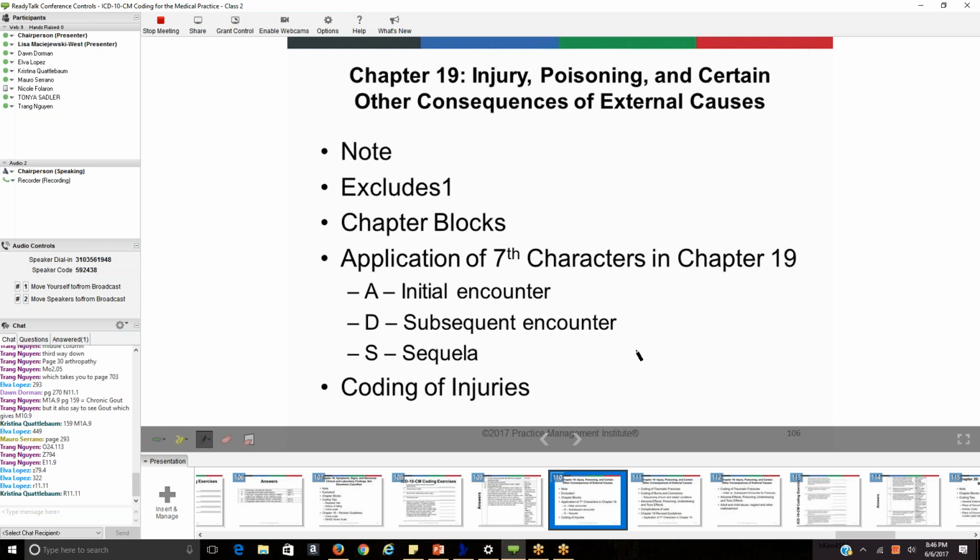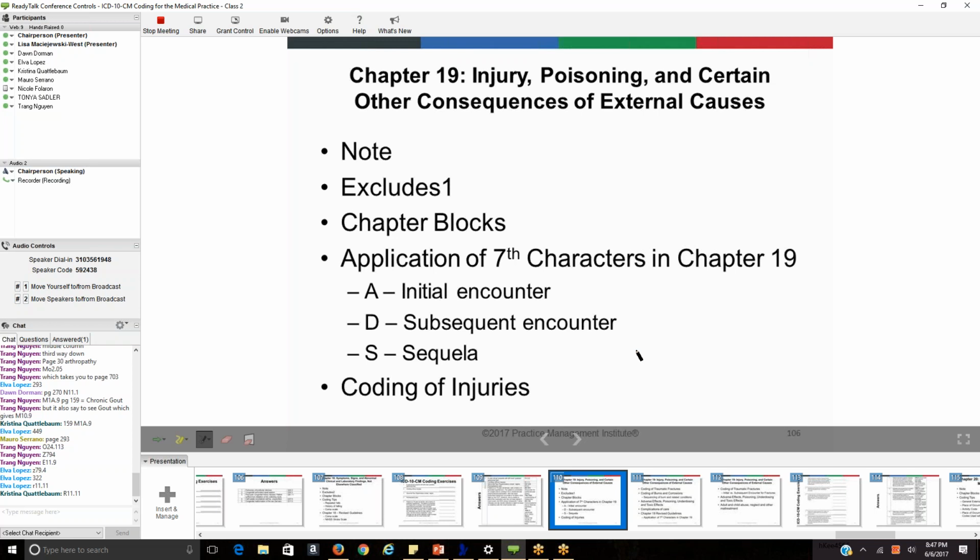And so, number one, Chapter 20 never, ever, ever is used as a primary diagnosis, okay? It will always be secondary, okay? And there is an order in which the external causes should be notated.